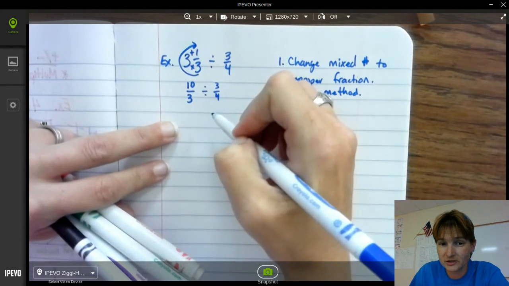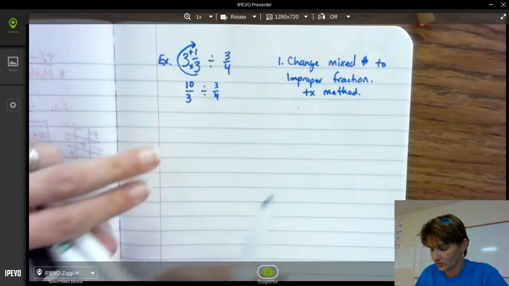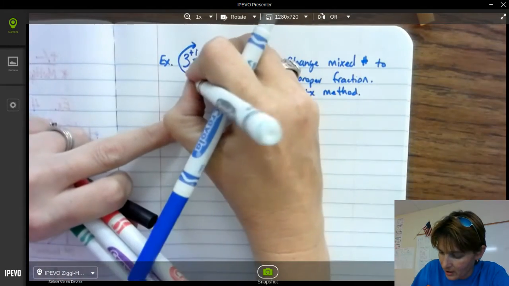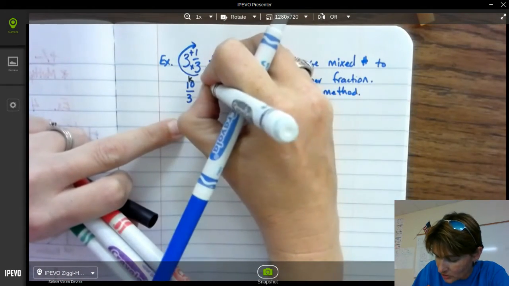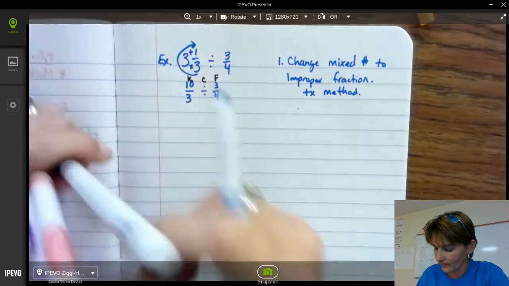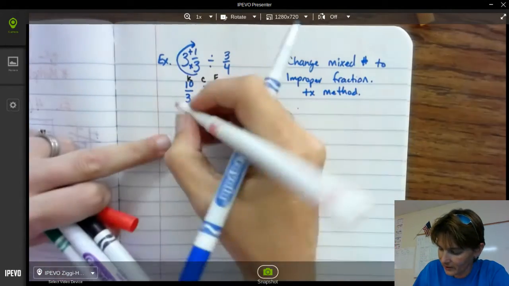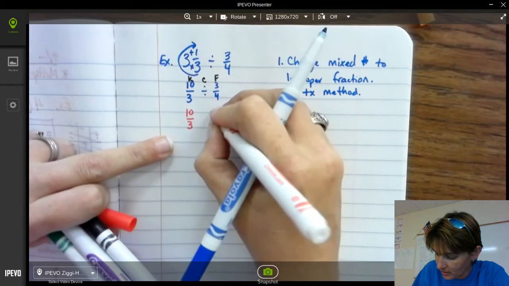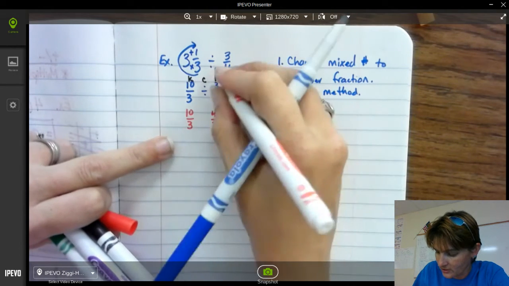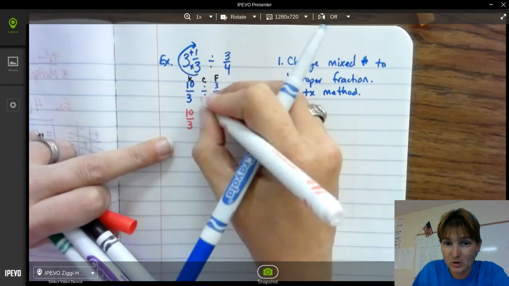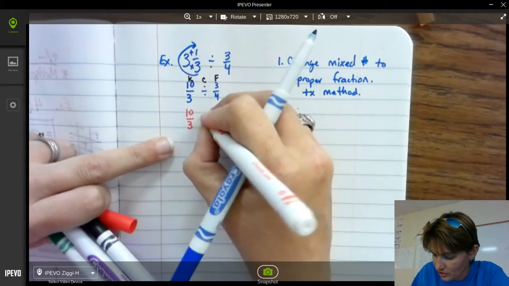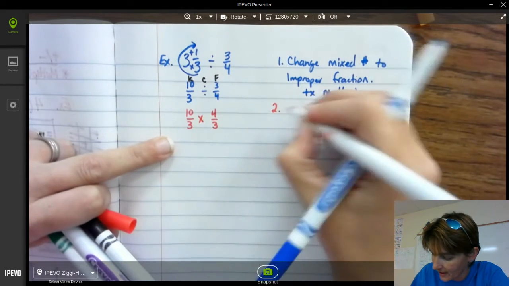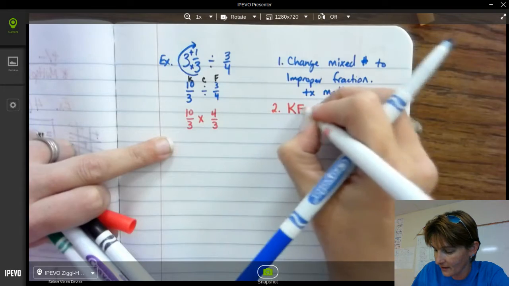Now I have fractions without whole numbers. So this is where I'm going to use my KFC. Keep, flip, change. I'm keeping the 10/3, flipping the second fraction to 4/3, and I'm going to change this division to multiplication. So the second step now is to do our KFC.